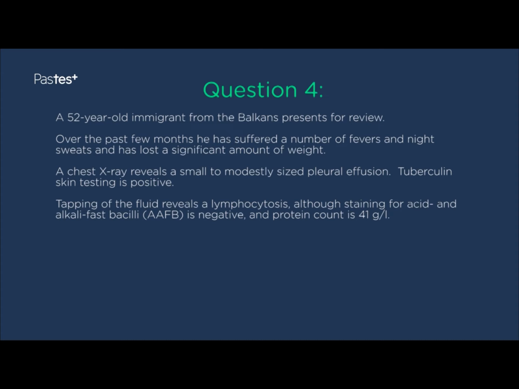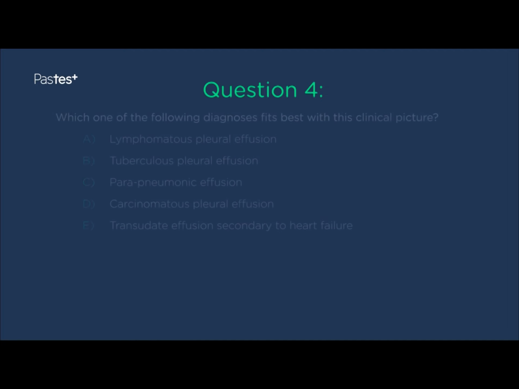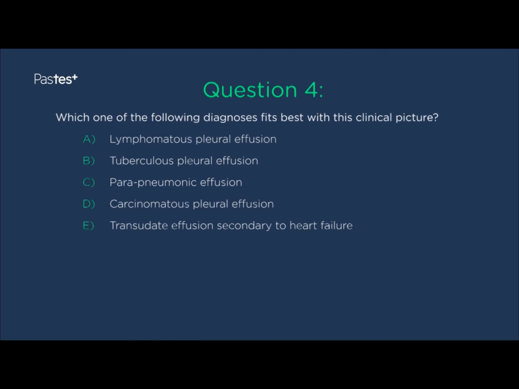A pleural tap reveals a lymphocytosis, although staining for acid and alkali-fast bacilli is negative, and protein count is 41 grams per liter. The question is, which one of the following diagnoses fits best with this clinical picture. Have a look at the options and we shall discuss the answers later.